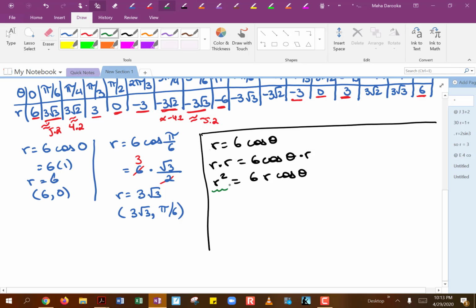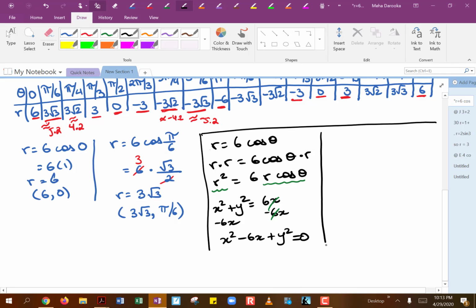Now you can substitute x squared plus y squared for r squared, and x for r cosine theta, and you would have 6 times x on the right-hand side. Then bring all the terms to the same side by subtracting 6x, and you get x squared minus 6x plus y squared equals 0.